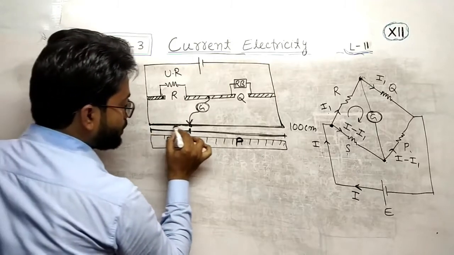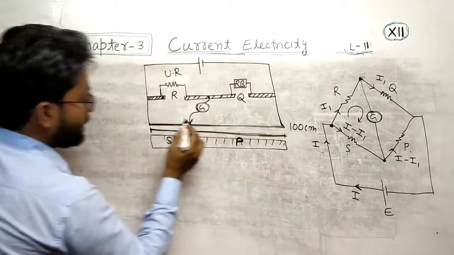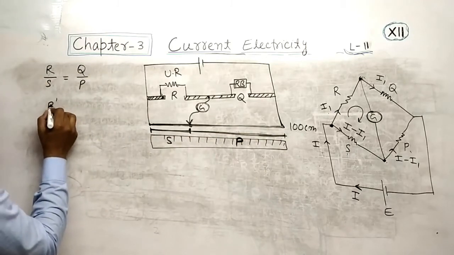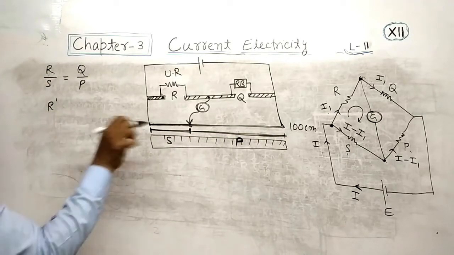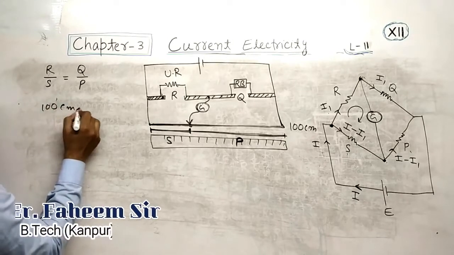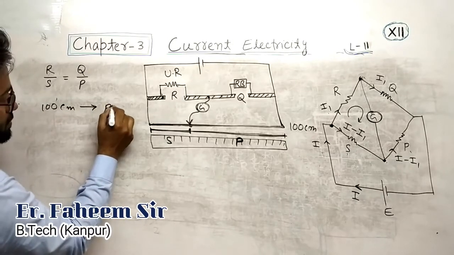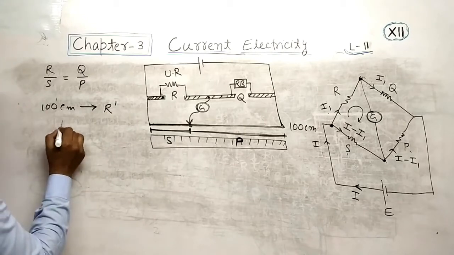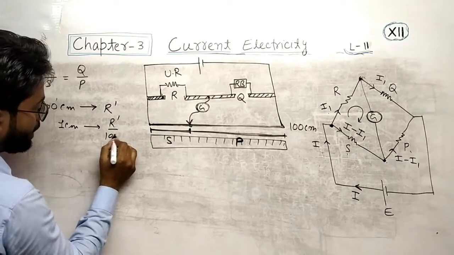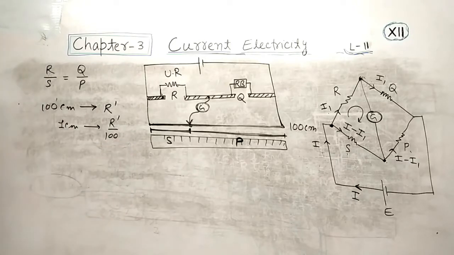You can say that this whole wire has resistance R dash, means in 100 centimeter there is a resistance R dash. In 1 centimeter there is R dash by 100.